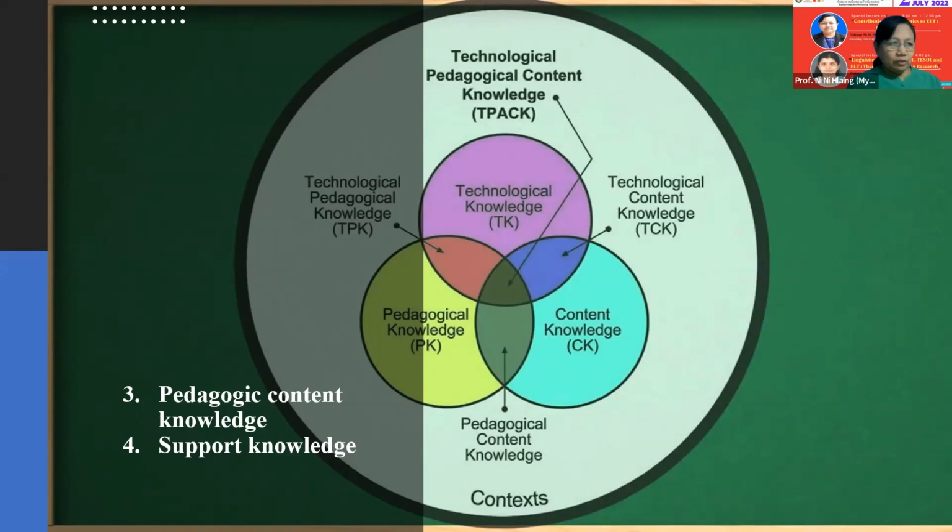And it was also the knowledge of how students come to understand the subject matter, what difficulties they are likely to encounter when learning it, and what misconceptions interfere with learning, and how to overcome these problems. So it means how we teach ESL, EFL in general, or how we teach ESL, EFL reading or writing in particular. For example, teaching ESL, EFL skills, reading or writing, teaching English grammar.